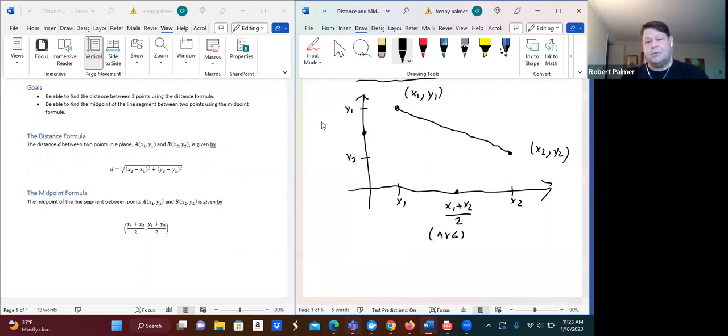And so this then would be y1 plus y2 over 2. Or you could also do y2 plus y1. Doesn't matter, because as long as you're careful with the signs, you can add in any order. And once again, that's also the average of the y's. And so if you plot where these 2 points line up, then you get exactly the midpoint.